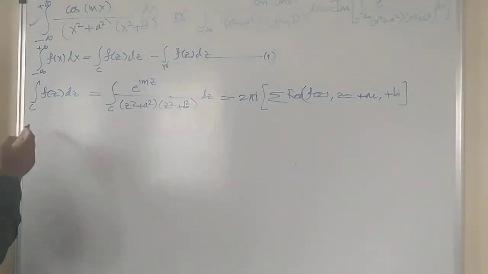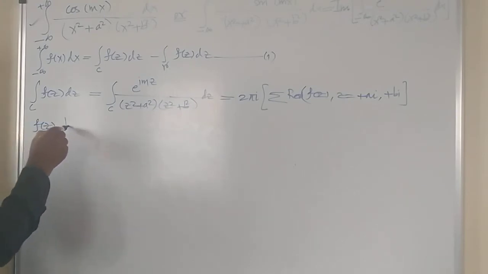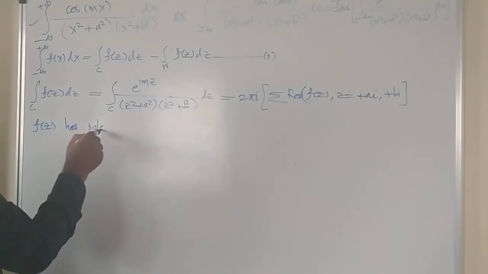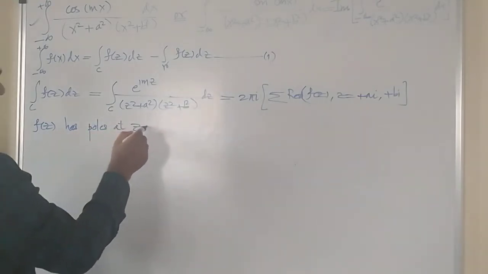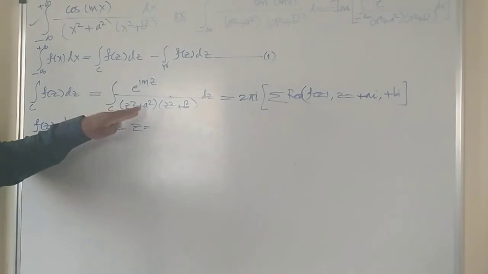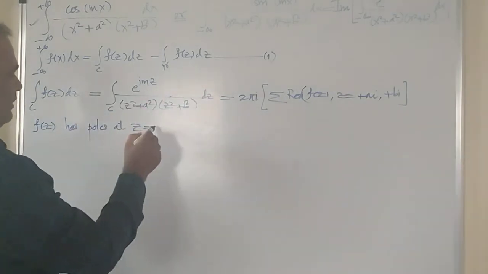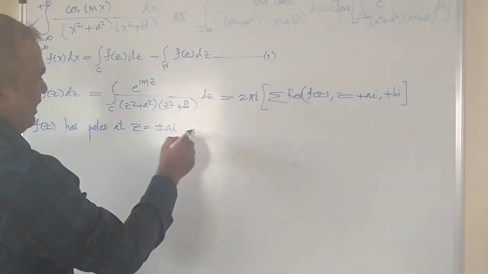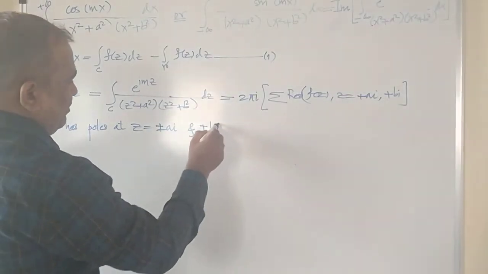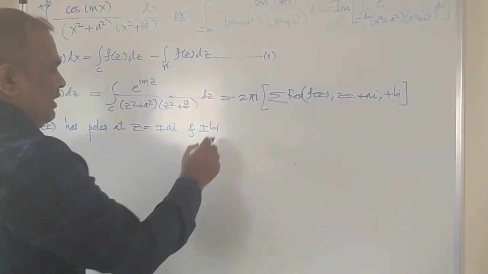So I can say this function f of z has poles at z equal to plus minus ai of order 1, plus minus ai and plus minus bi, this second bracket, right?